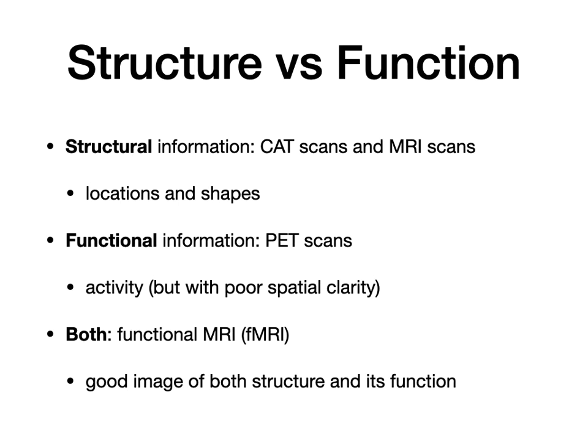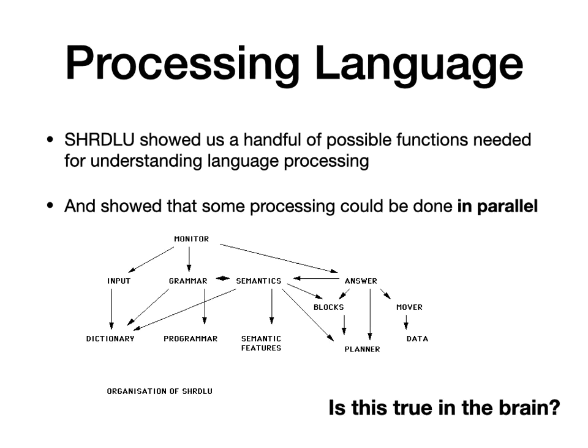Well, today we're going to talk about language again, as we like to. If you recall, SHRDLU showed us some of the functions you'd probably need to understand language processing, right? It had various modules, you could call them, different little elements that were doing the processing in parallel together. And a few of them were kind of critical, right?